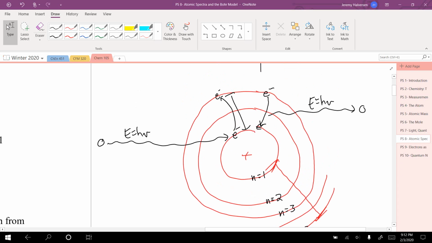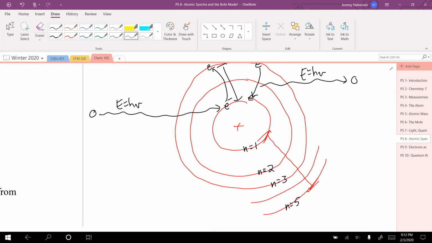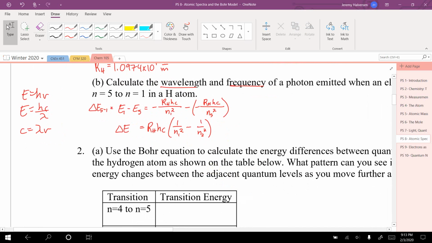But remember, when that electron changes energy, it releases a photon, and that photon has the exact same energy as the electron change. And so if we get that electron change energy, we know the energy of the photon, and we can calculate the wavelength and frequency. That's one way to solve this problem.